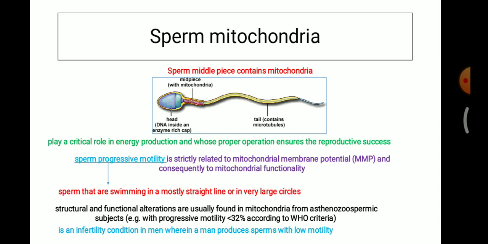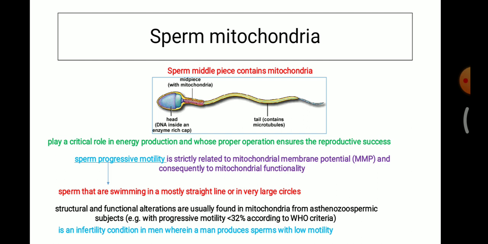The sperm midpiece contains mitochondria mainly. There are three structures, that is head, midpiece and tail, which contain DNA, mitochondria and microtubules respectively. In this video we will be concentrating on the midpiece, which contains mitochondria.